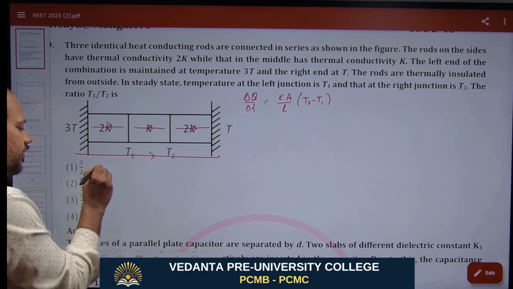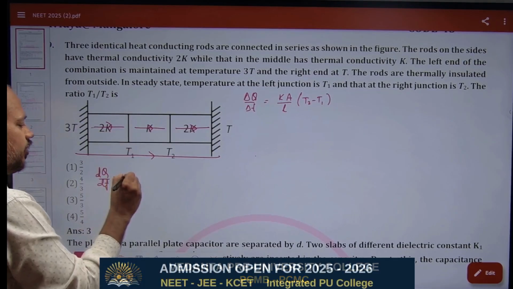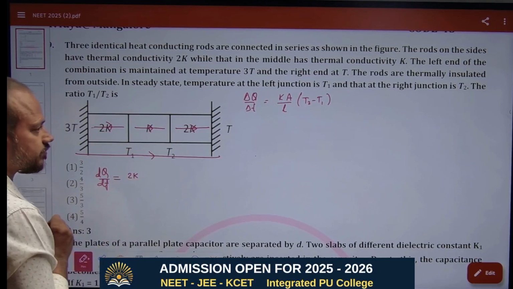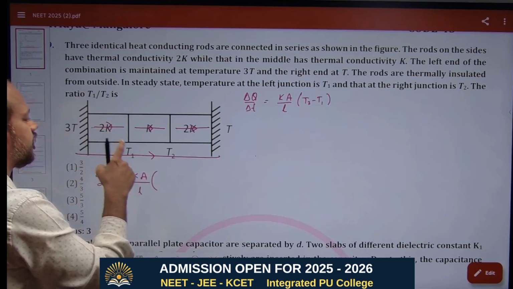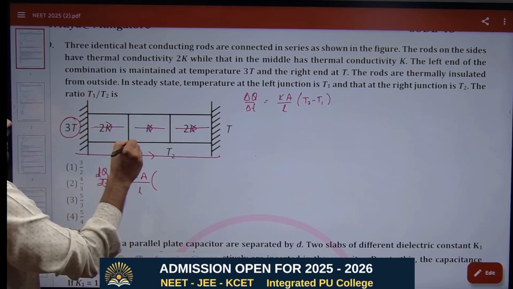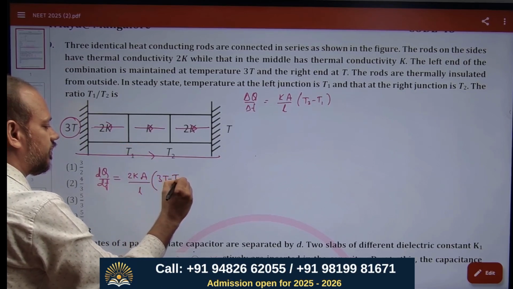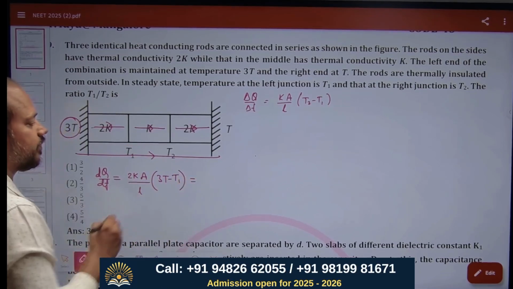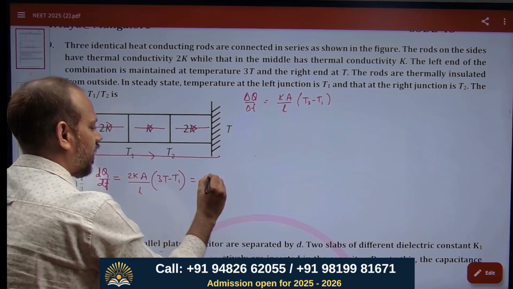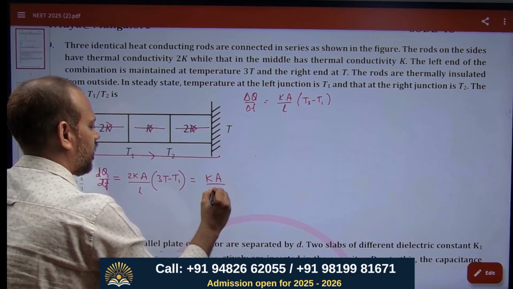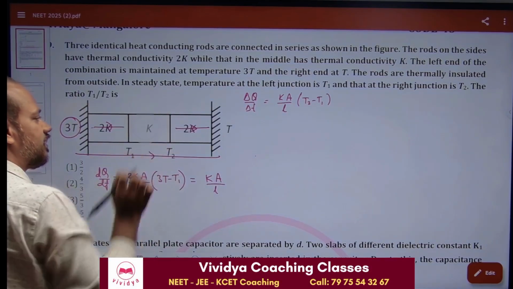Heat current dQ by dt is equal to, here you will write 2K into A by L into the difference of temperature across this resistance, which is 3T minus T1. This should also be equal to KA upon L, the thermal conductivity in the second one is this K only, right?